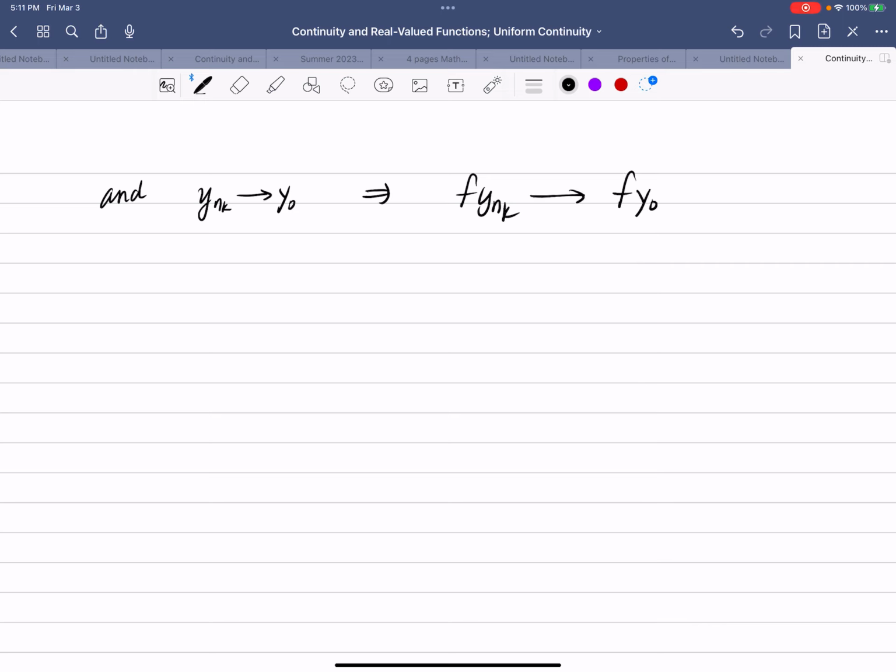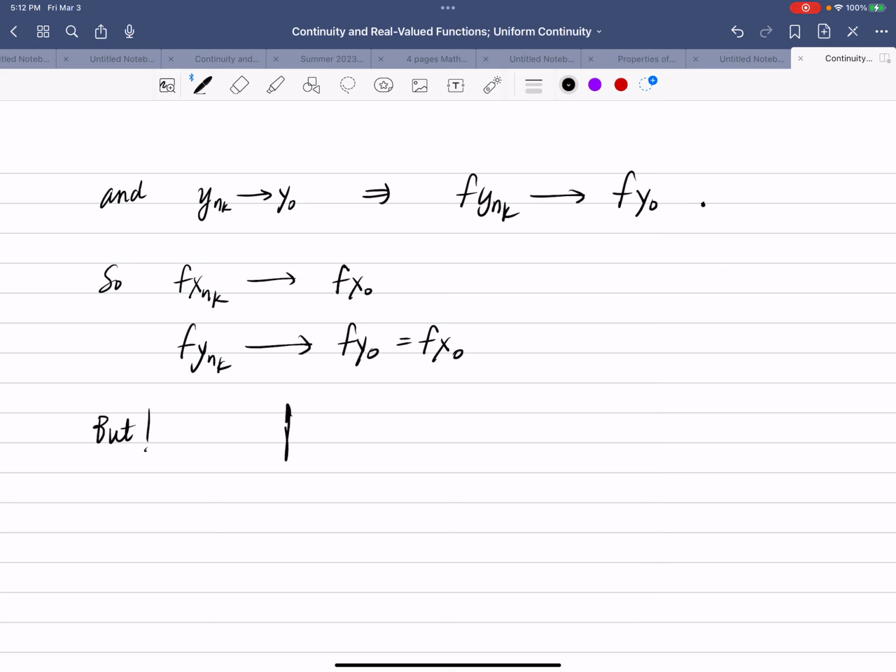Right? So f of xnk converges to f of x naught, f of ynk converges to f of y naught, right? And f of y naught is really the same thing as f of x naught.